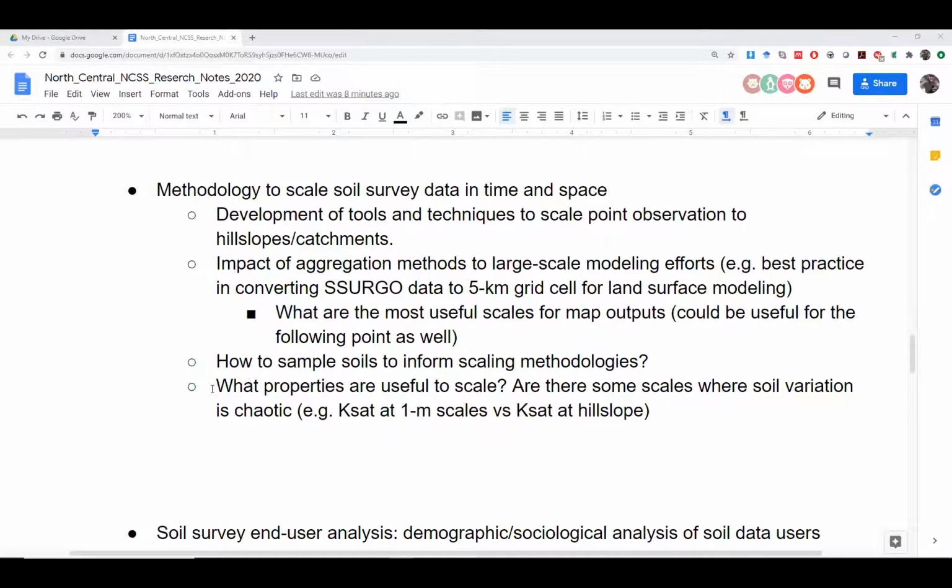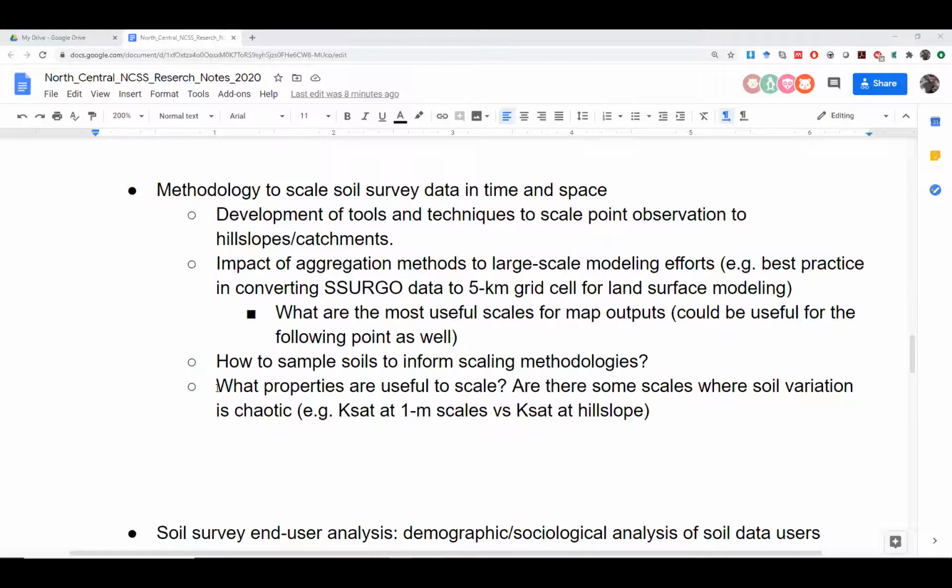And then thinking about the best ways of sampling to inform these scaling methodologies. What's the best distribution of samples to describe the way soils data or soil spatial patterns reoccur across landscapes? And then also thinking about which properties are scale dependent or scale independent, and how do we identify limitations to some of those properties.